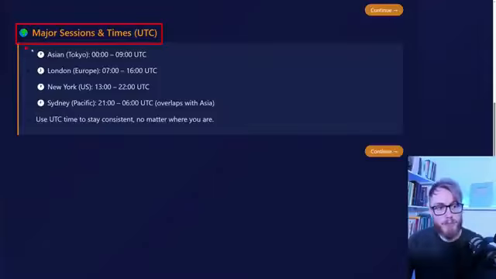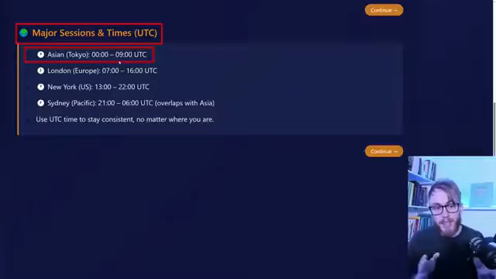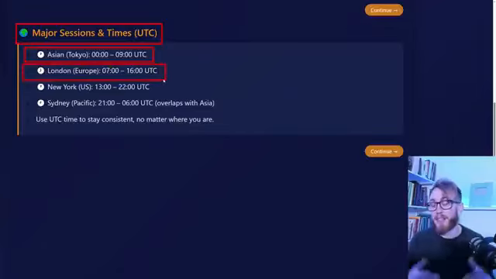So first of all, we have the Asian session, also known as the Tokyo session. And this session goes from 0 UTC to 9 UTC. Then we have the London session. This is basically my session, or I'm 1 hour away from London. And this session is from 7 to 16 UTC.